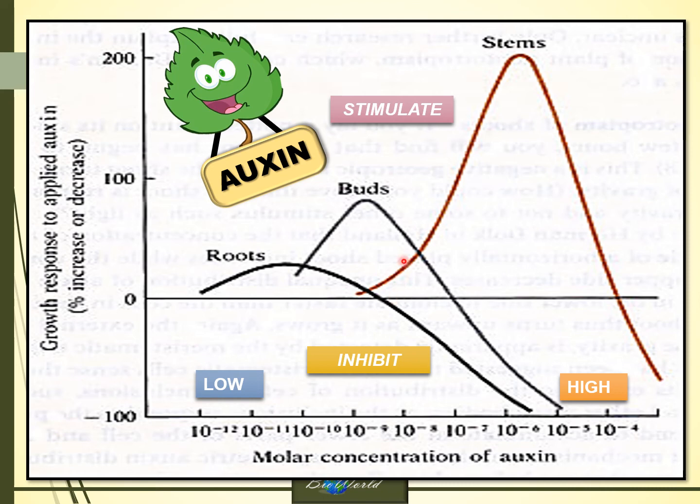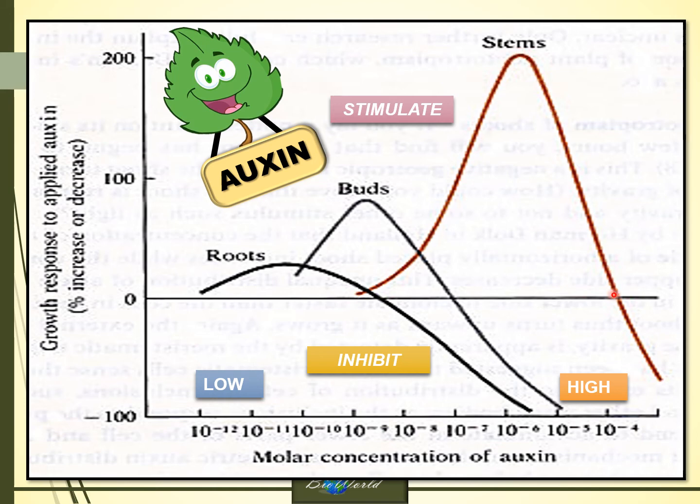Now if we compare with the stem, at the stem you see low concentration of auxin, there is no growth. So actually low concentration of auxin has no effect on the stem. We cannot say it inhibits, it has no effect. But when high concentrations of auxin are used, we can see there is a stimulating effect on the growth of the stem.